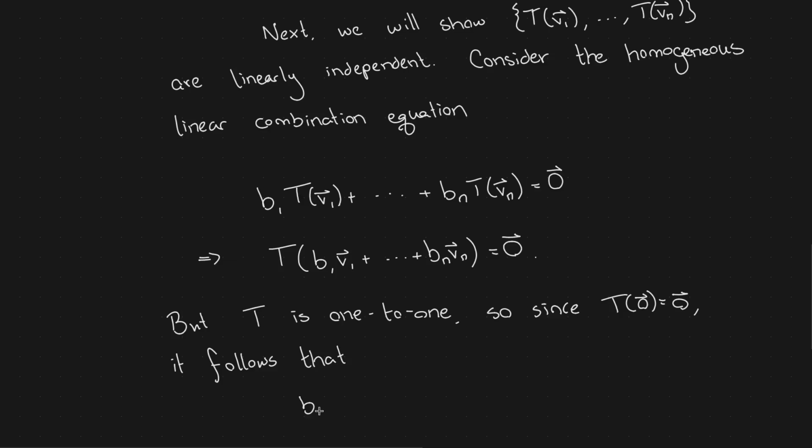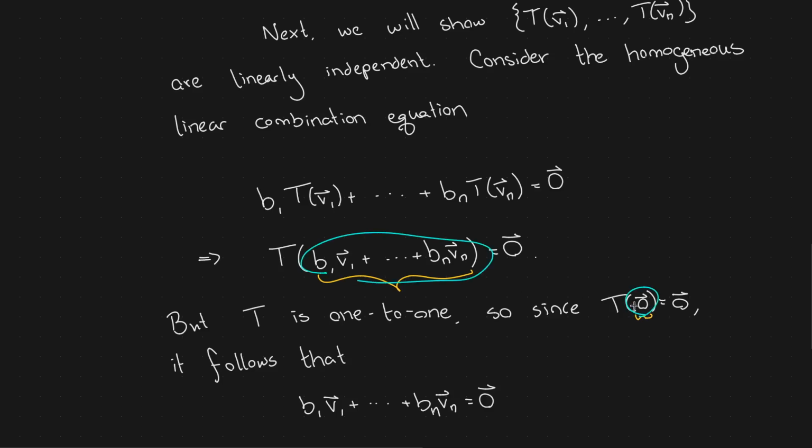We have that b1 v1 plus ... plus bn vn, this linear combination, is equal to the 0 vector because the inside of this transformation, both give me the same output. Since the transformation is 1-to-1, the inputs have to be the same.